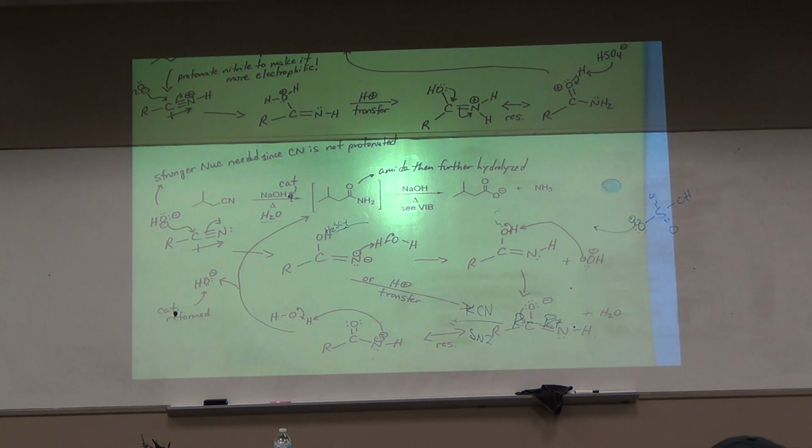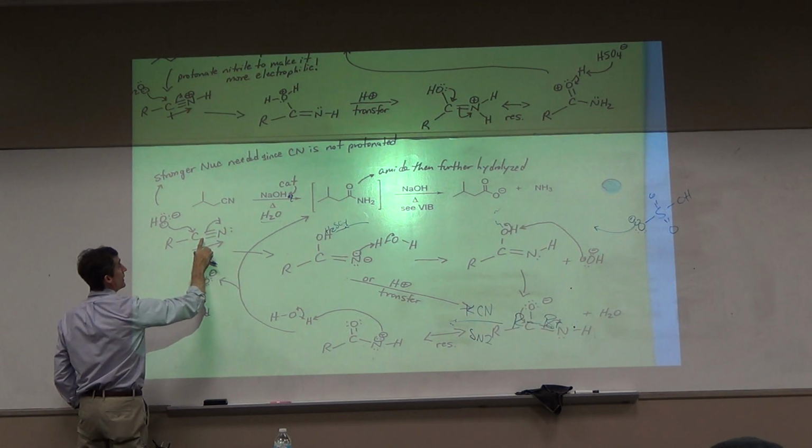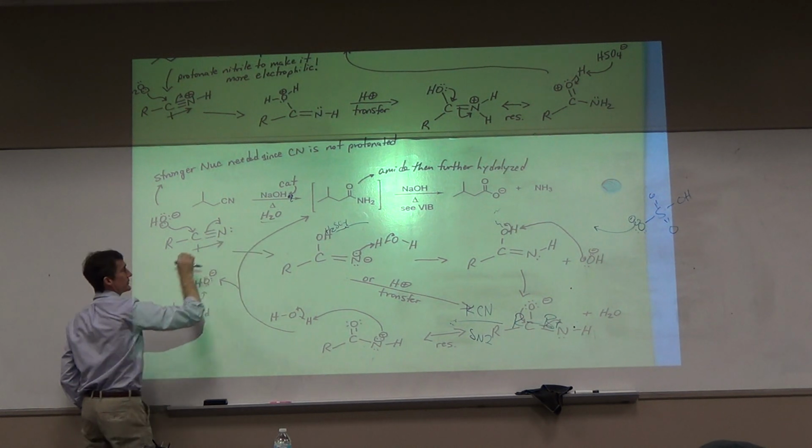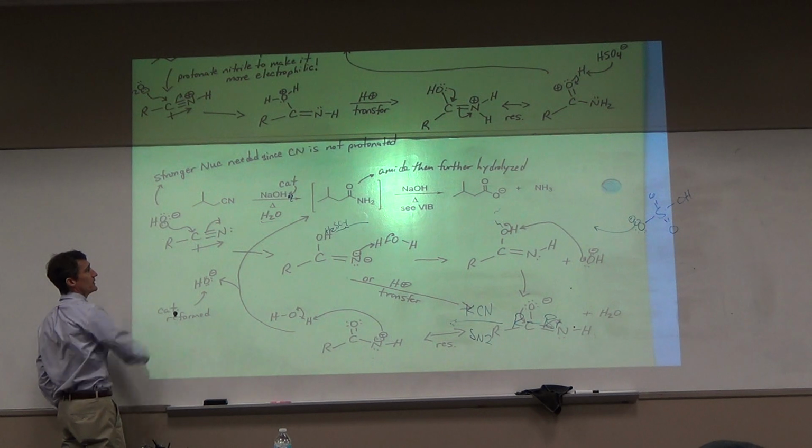So above it is water and acid, below it's water and base. And here, we can't protonate the nitrile, so it's less reactive. And water actually does not react with nitrile, but hydroxide will.